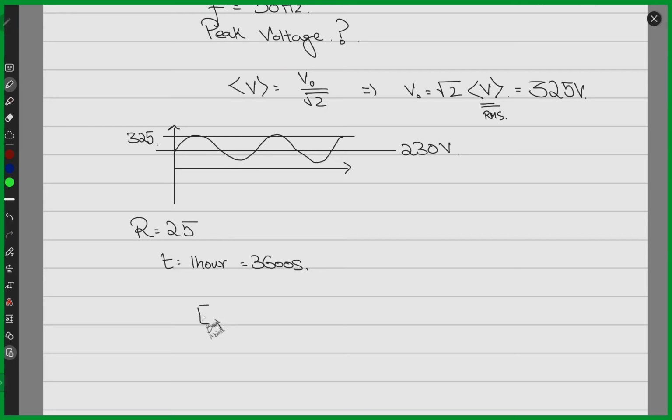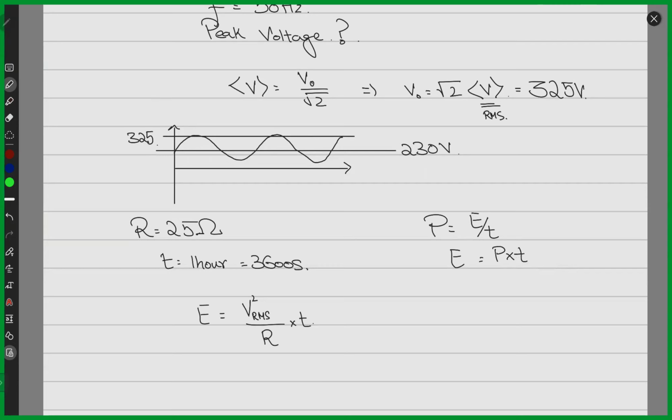The energy that's lost, we'll always be using the root mean squared value of potential drops. When you run AC current through this resistor of 25 ohms, you'll get the energy loss as V r.m.s squared over R times time. This equation comes from the fact that power is energy per unit time, so energy is power into time.